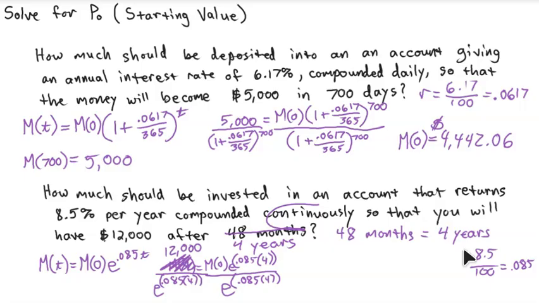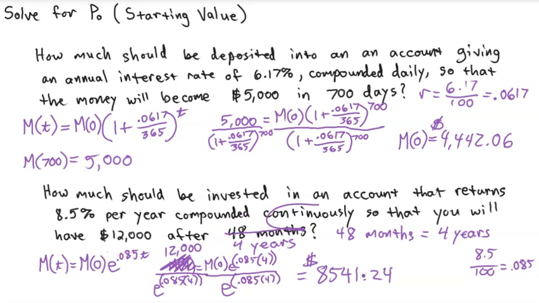So 8541.24. So 8541, is that right? Yep. 0.24. And so the answer is we have to invest $8,541 into an account that returns 8.5% compounded continuously in order to get $12,000 after 4 years or 48 months, okay?